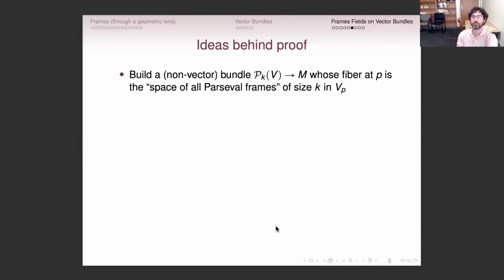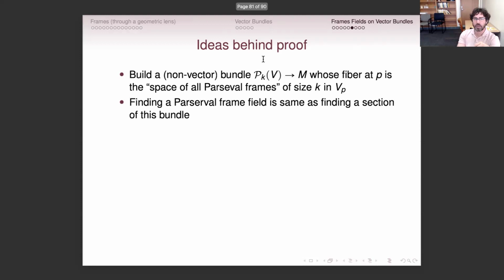In order to prove this theorem, you start with your vector bundle, and associated to that, you can build a new bundle that we call the parsable bundle, P_K of E. This is not a vector bundle, but it's a bundle where the fiber over every point is the space of all parsable frames of a fixed size K. And in this context, finding a parsable frame amounts to finding a section of this bundle.